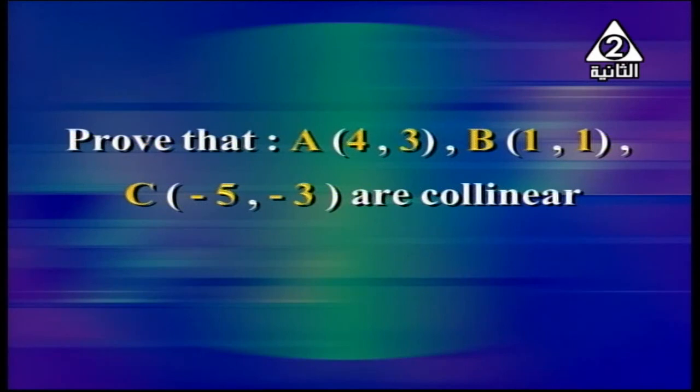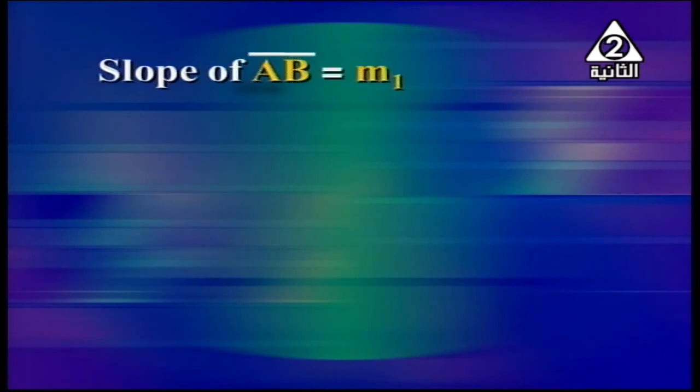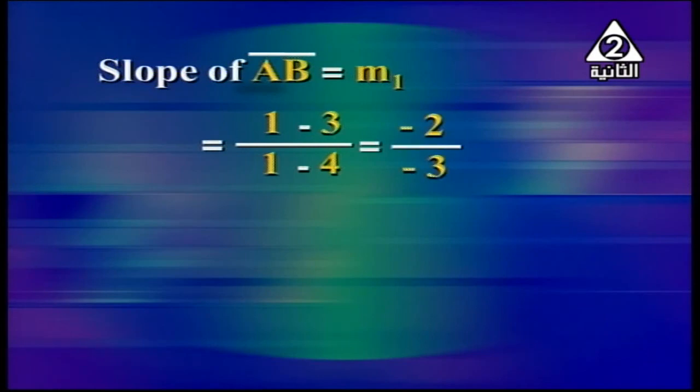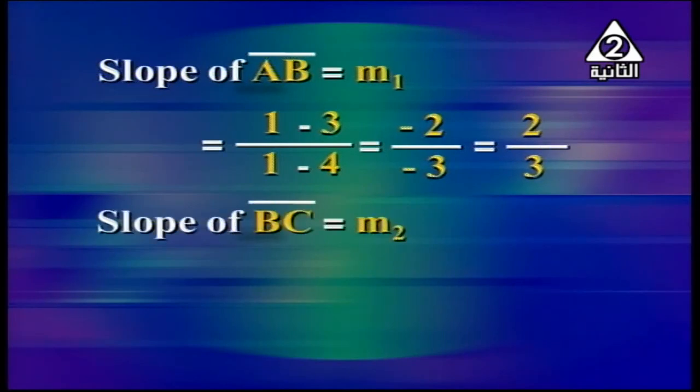First of all, try to find the slope of AB, which is denoted by M1. How? 1 minus 3 over 1 minus 4. So it is negative 2 over negative 3, to obtain a result as 2 over 3. What about the slope of BC?